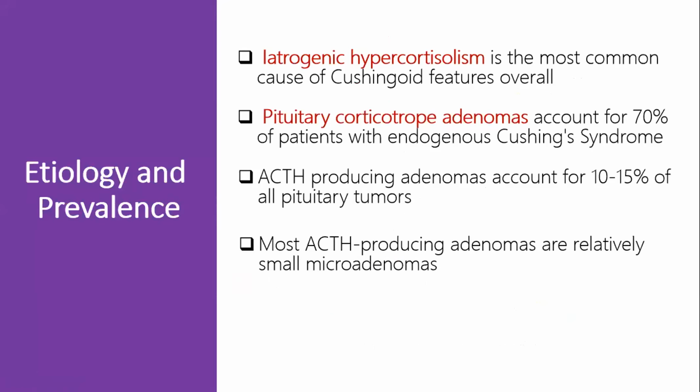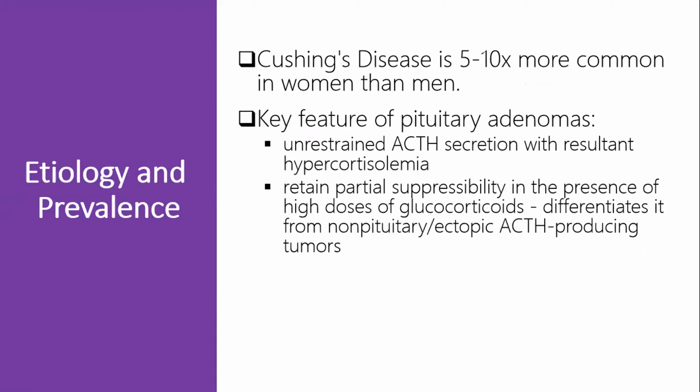So for the etiology and prevalence, iatrogenic hypercortisolism is the most common cause of Cushingoid features overall. Pituitary corticotrope adenomas account for 70% of patients with endogenous Cushing syndrome. ACTH producing adenomas account for 10 to 15% of all pituitary tumors, and most are relatively small microadenomas.